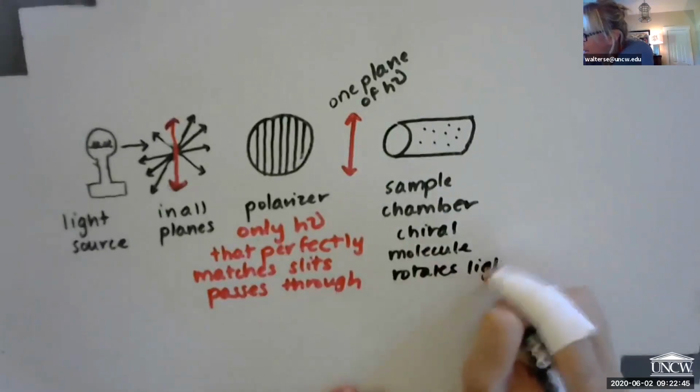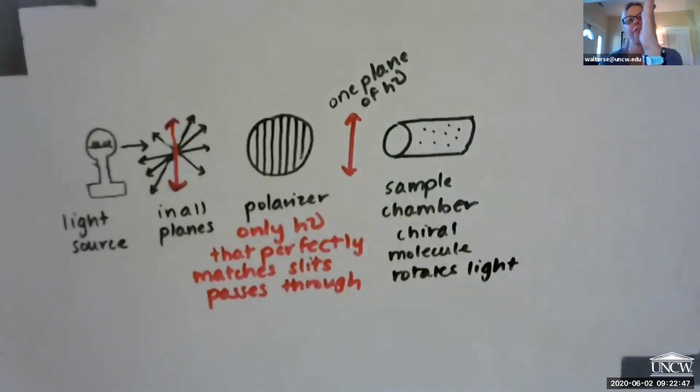It doesn't bend it. It's not like the plane is going to go from this to this. I'll have a piece of paper. I'm not going to bend it. The light is passing through the chamber with the molecules, and it either tips to the right or it tips to the left. So it's not doing this. It's just a vertical plane that is going to rotate in some direction.